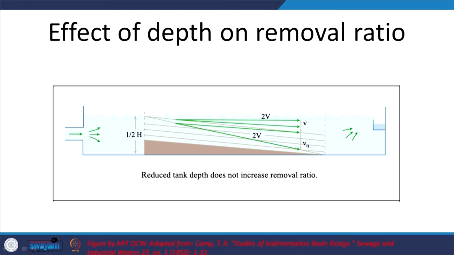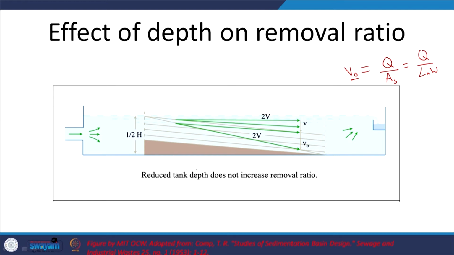The overflow velocity, if you remember, we calculated by looking at Q by the top surface area. Here we have Q by length into width, and we don't have height, so mathematically we can see that height does not affect your overflow rate and thus your removal efficiency.